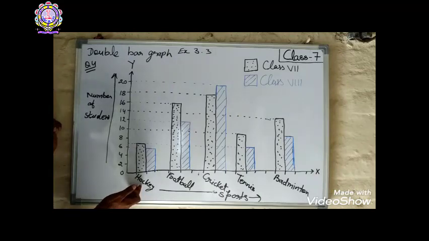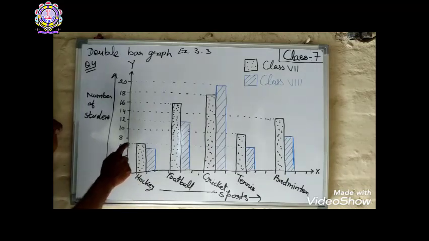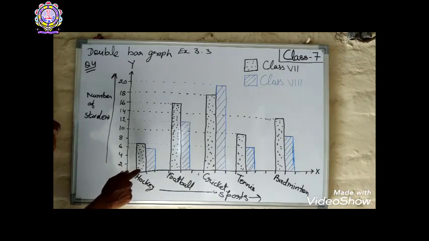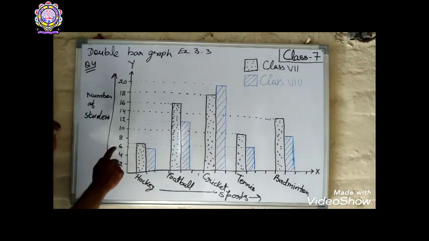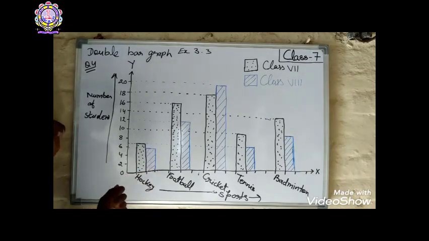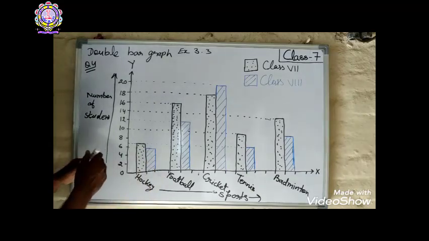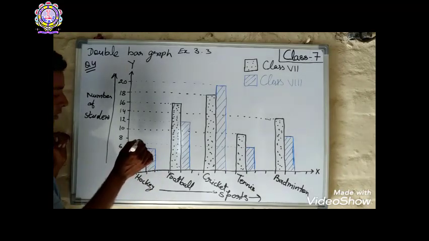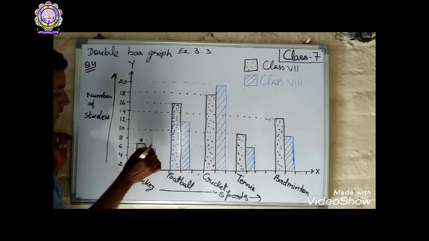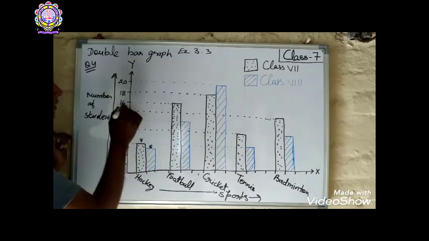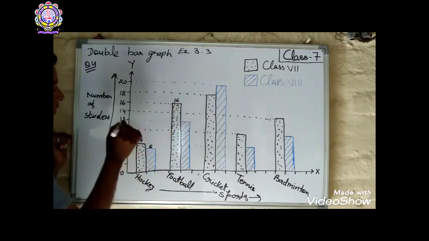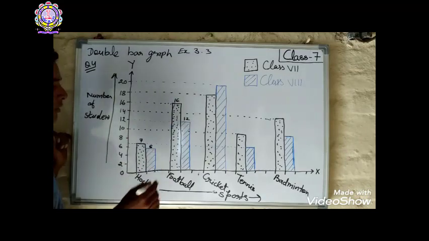How many students play hockey? There are 7 students of 7th class and 6 students of 8th class. So you write here 7 and here 6. This is 16 and this is 12.